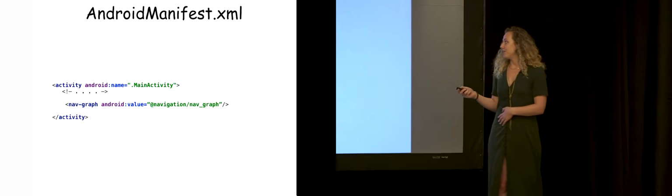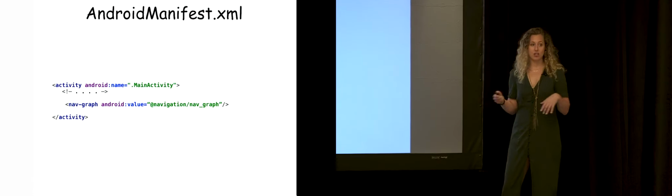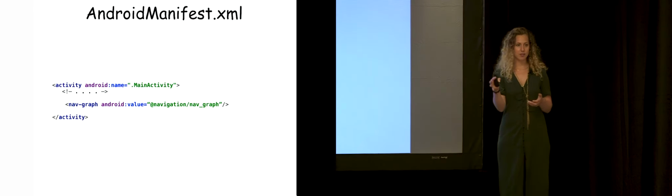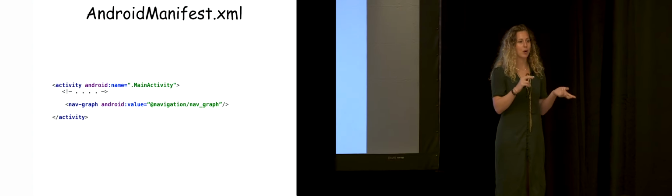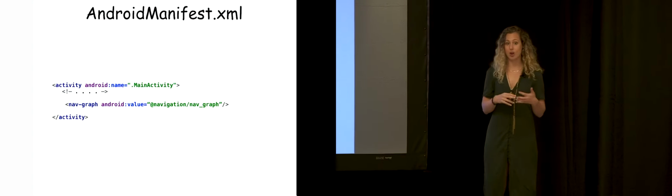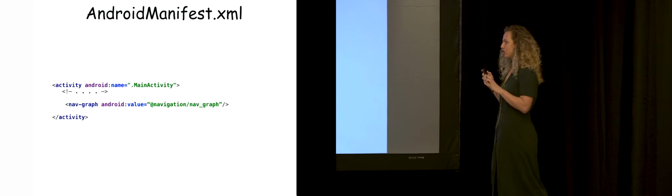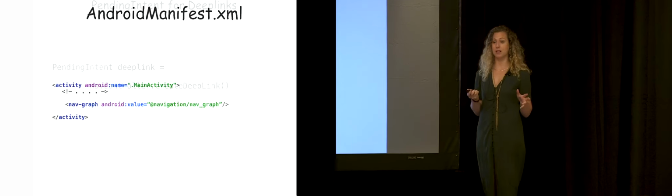On the Android manifest, all you have to do is give it the navigation graph. So you say, OK, this is the navigation graph, and you don't have to figure out the schema, the arguments, all of this stuff that we had to do before. It just generates everything for you from the navigation graph. It knows the places it should go.